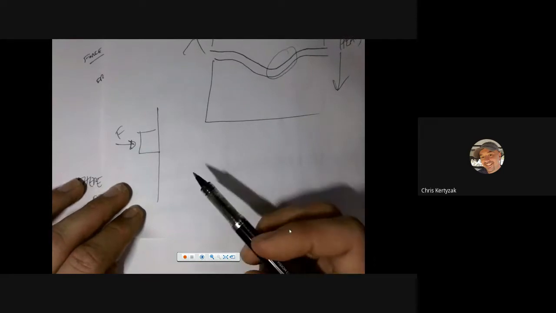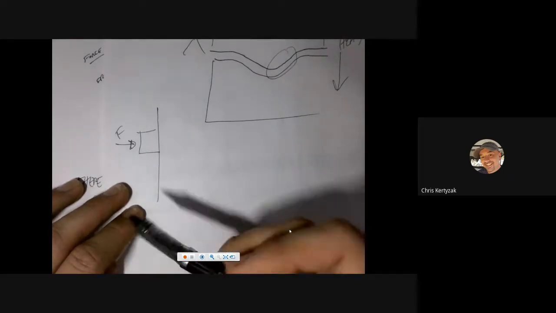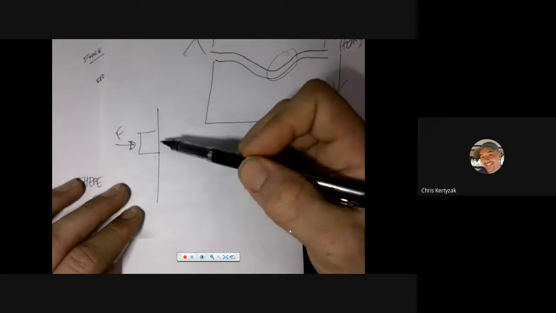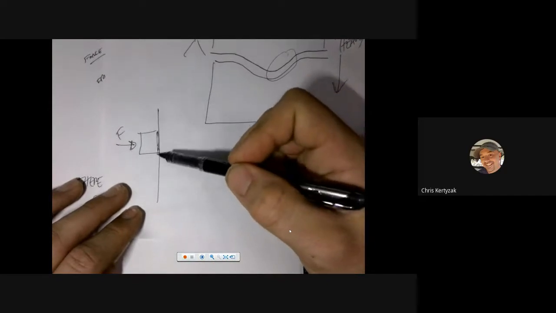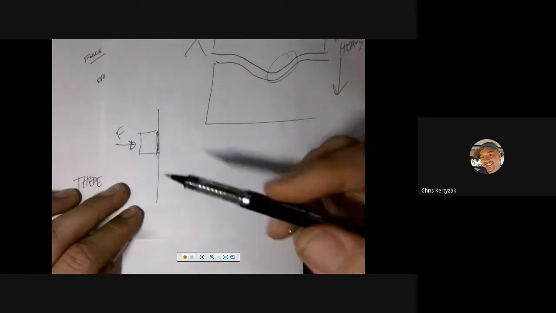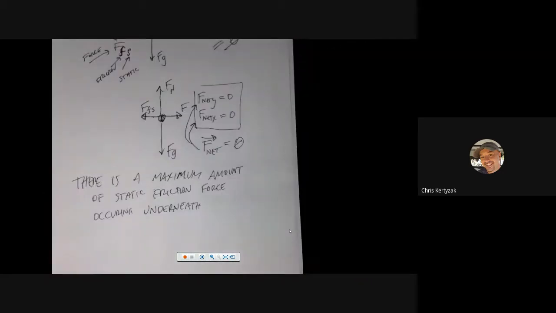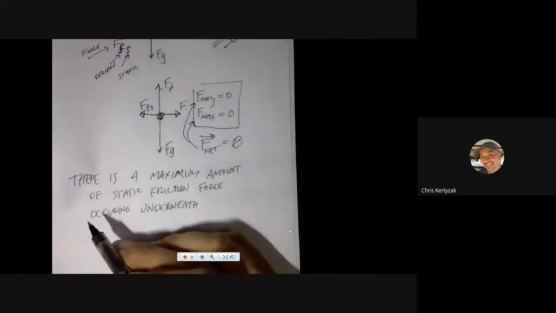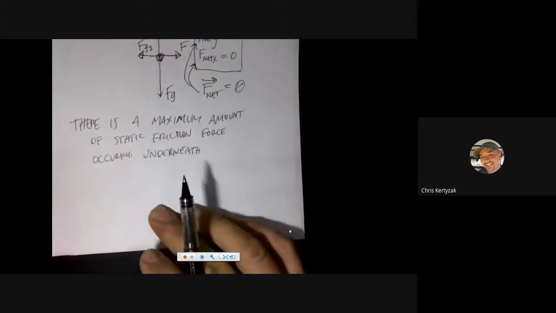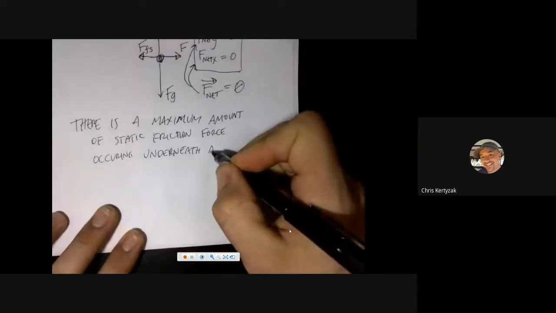Well, then you'd say, where's the static friction force happening? Underneath. Well, where is underneath? Underneath is actually in this area. So in those weird examples, maybe you wouldn't think of it as underneath. But 99% of the time, in our normal world, you think of it as being underneath. There's a maximum amount of static friction force occurring underneath any object.